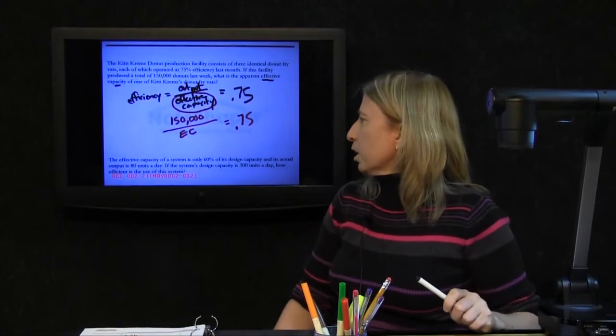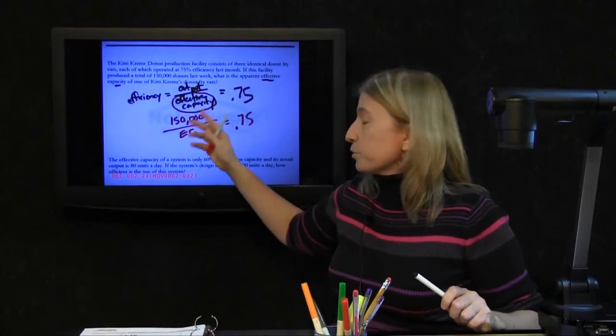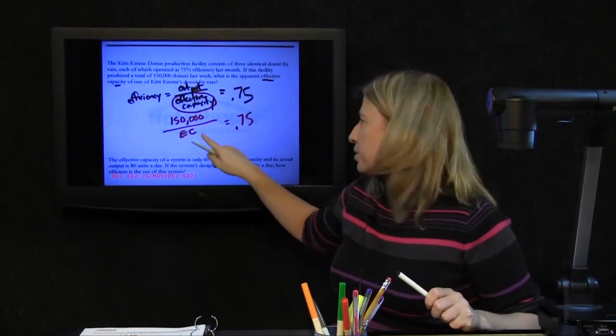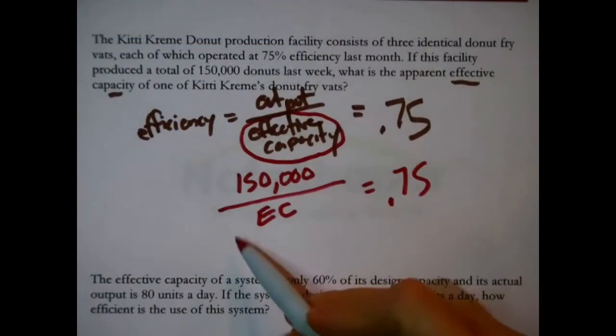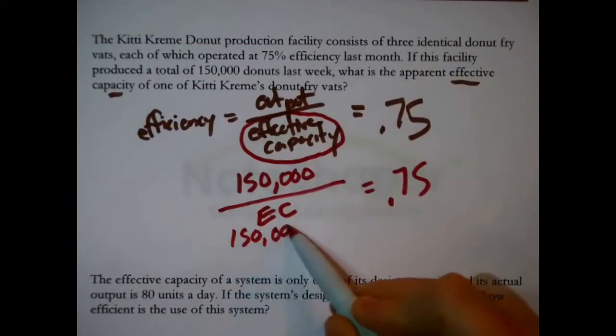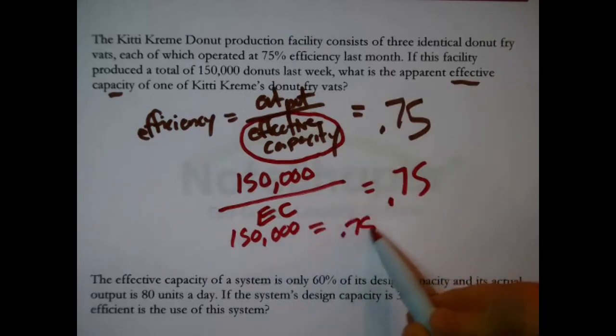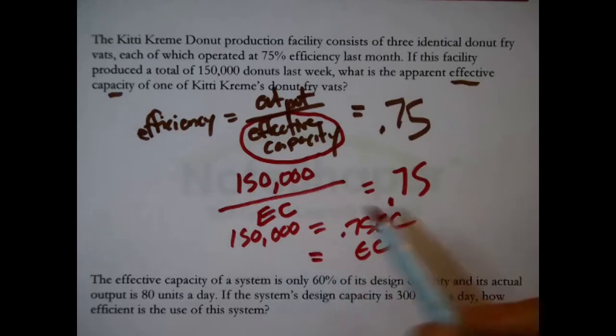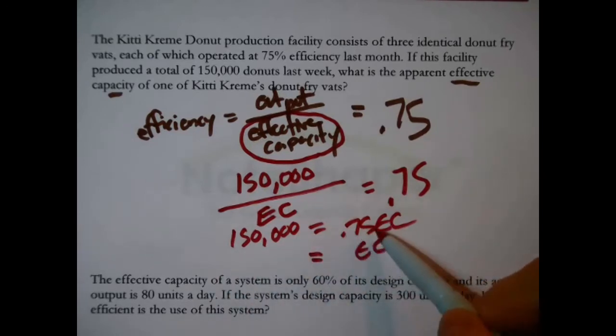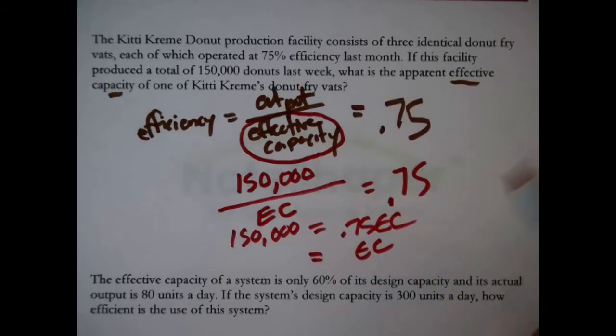So I can multiply both sides by effective capacity. I'm just going to treat this as an unknown, right? So that it would be 150,000 equals 0.75 times the effective capacity, or the effective capacity equals 150,000 divided by 0.75.